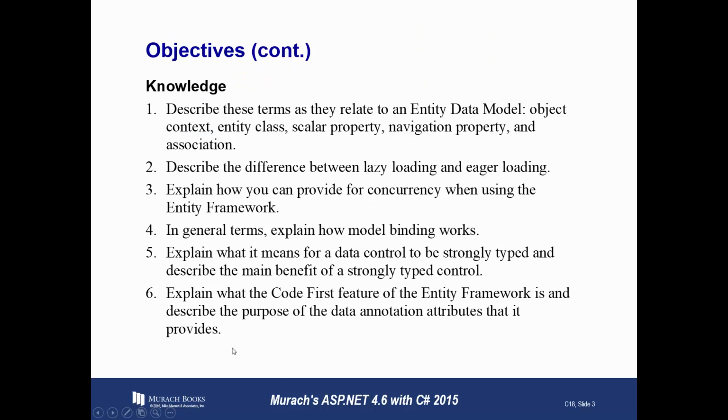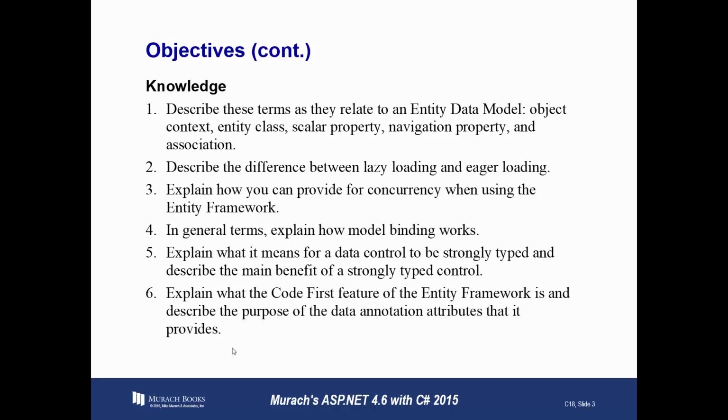Our knowledge objectives. Number 1, describe these terms as they relate to the entity data model: object context, entity class, scalar property, navigation property, and association. Number 2, describe the difference between lazy loading and eager loading. Number 3, explain how you can provide for concurrency when using the Entity Framework.